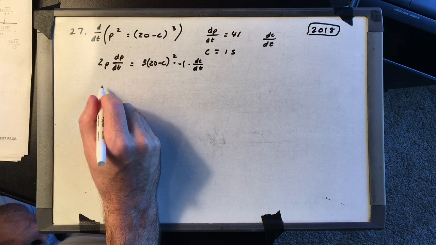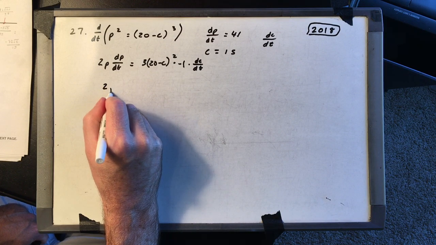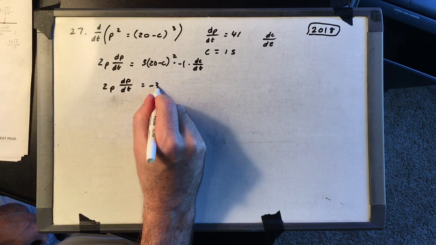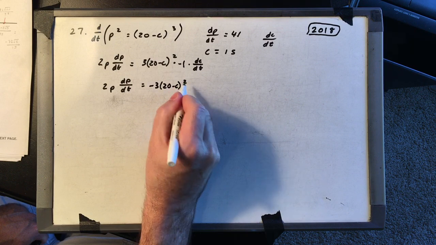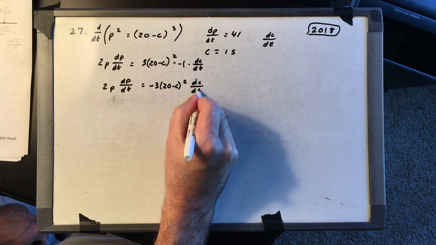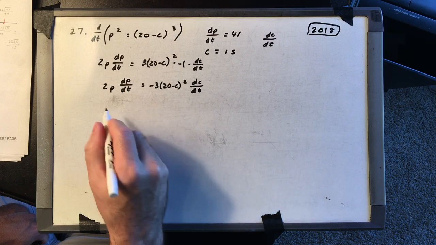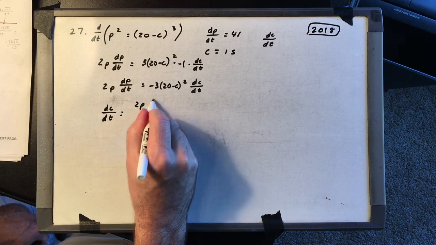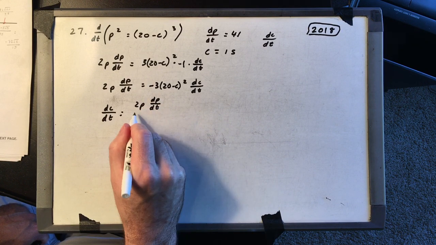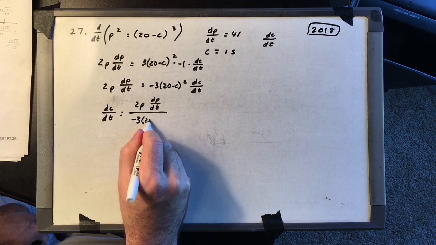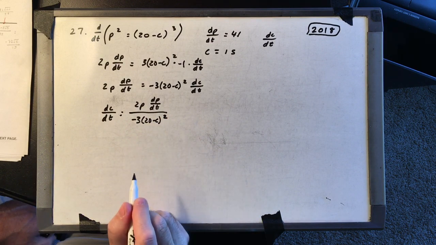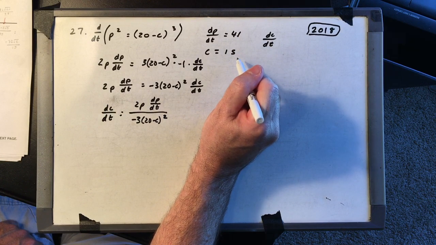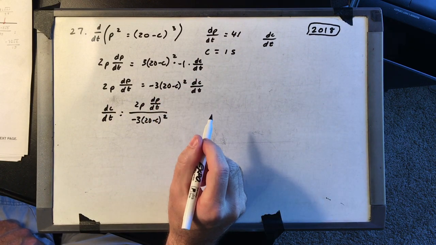So 2p dP dt is equal to minus 3 times (20 minus c) all squared dC dt. Solving for dC dt, it's going to be 2p dP dt over minus 3 times (20 minus c) all squared. We know dP dt is 41. We know c is 15. We've got to get p.